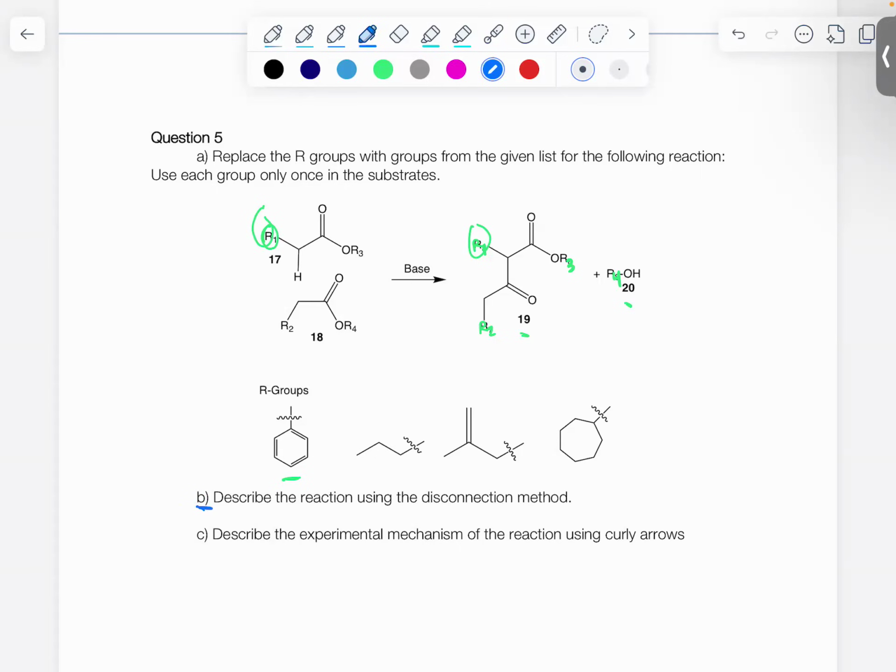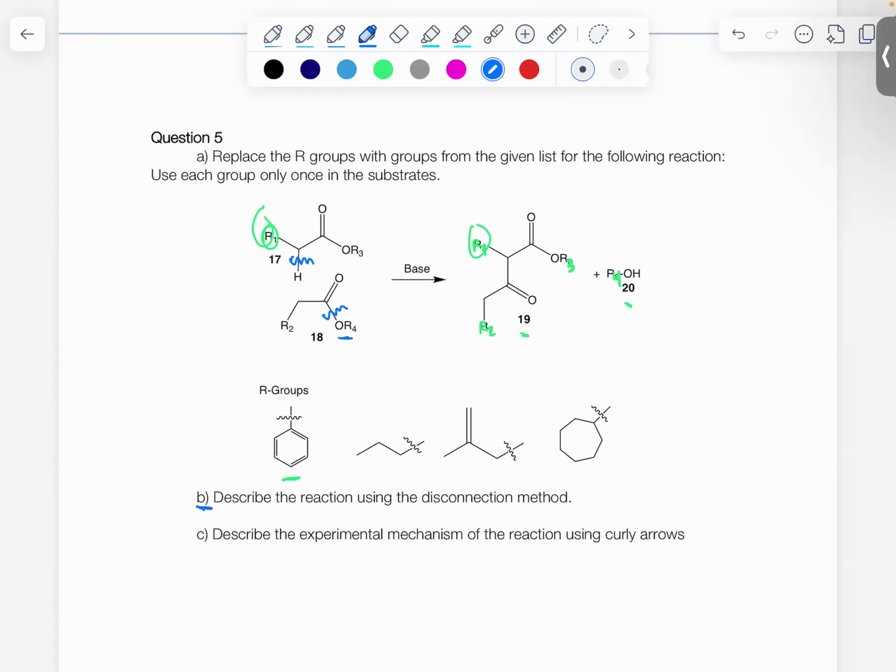So now, looking at disconnection analysis of this Claisen reaction, we know that we have to lose this proton and that we will be losing this part of our ester.